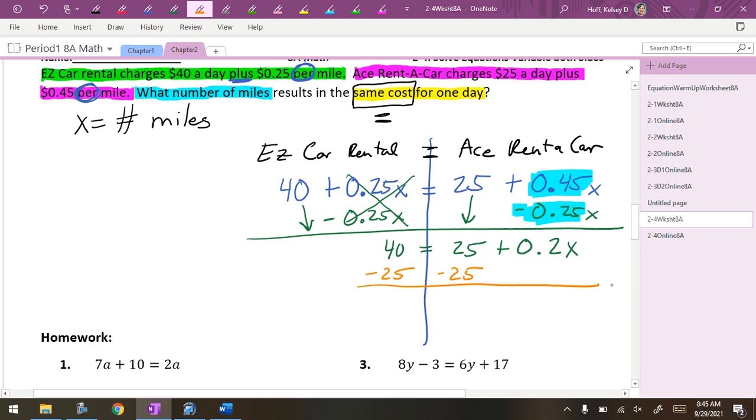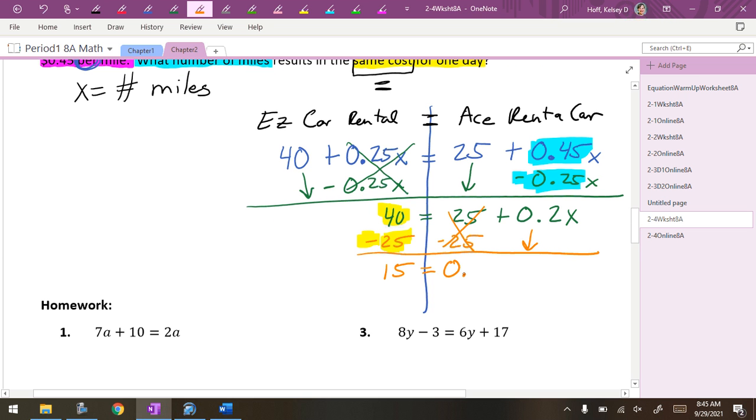Be cautious how you type that in your calculator. 40 minus 25, 15. 25's cancel. I drag down, don't lose the decimal point, 0.2x.